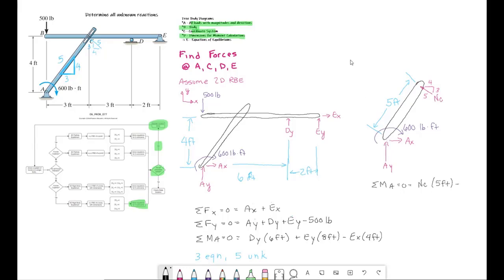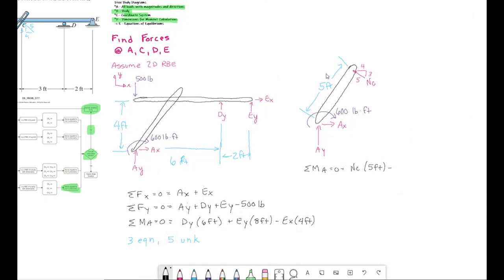Minus 600 pound-feet. Therefore, the normal force at C equals 600 divided by 5, pound-feet divided by 5 feet, or 120 pounds.